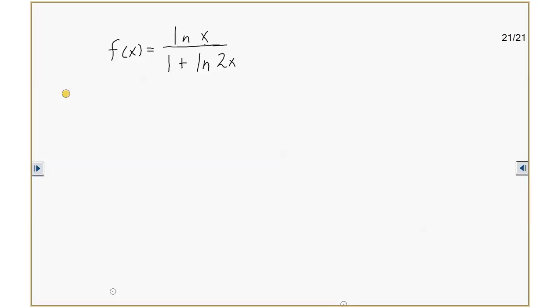Now this one, there's no rewriting, just old-fashioned what? Quotient rule of derivatives.